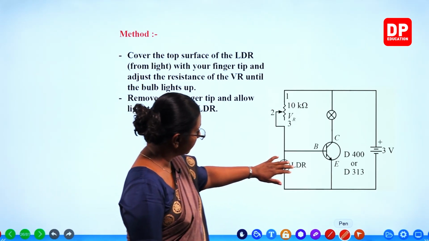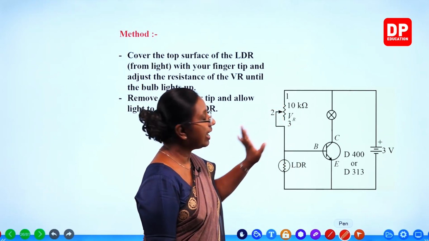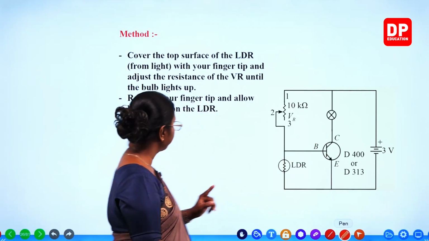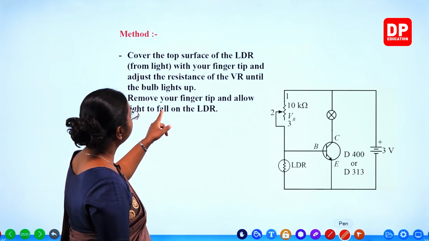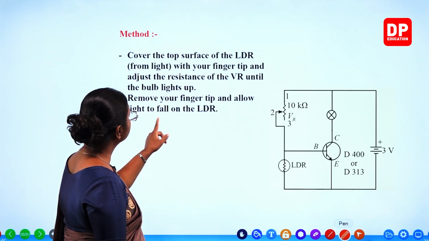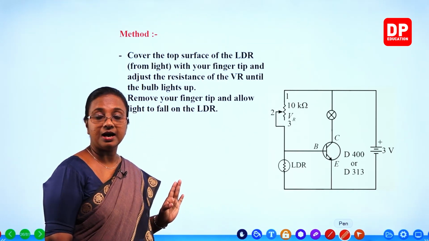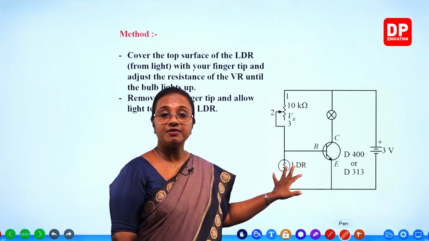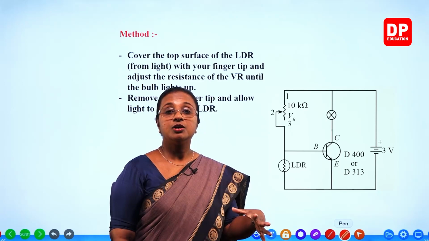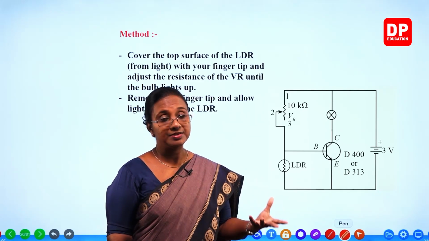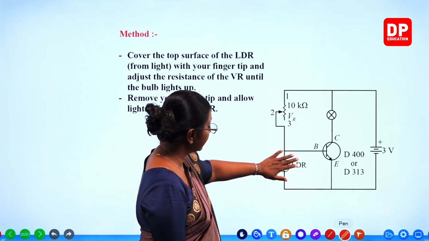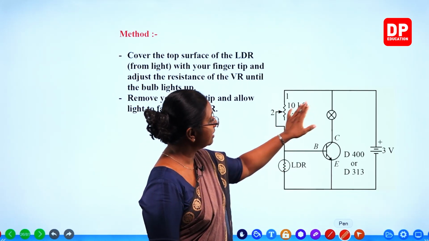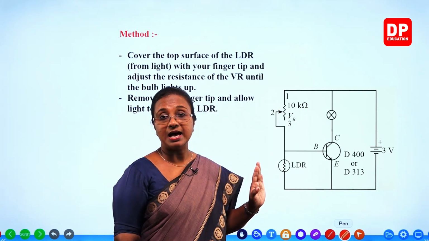Remove your fingertip and allow light to fall on the LDR. Either you can cover it with your fingertip or with a cloth or a piece of paper, anything. As long as light is not incident, you adjust the volume control and observe the bulb light.